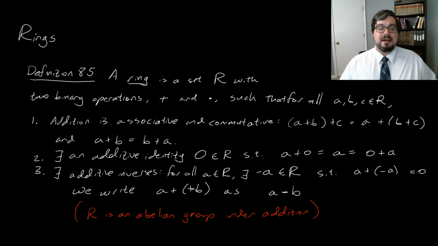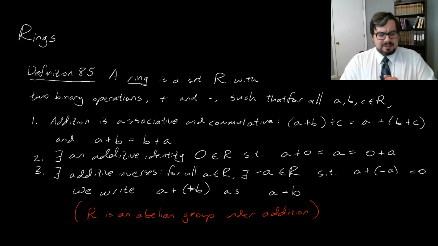So we can think of its construction as a ring as starting with the set of integers as a group and then defining multiplication in the standard way on top of that. And as long as that multiplication satisfies the requirements that we're about to write down, which we'll see that it will, then that turns the integers into a ring.